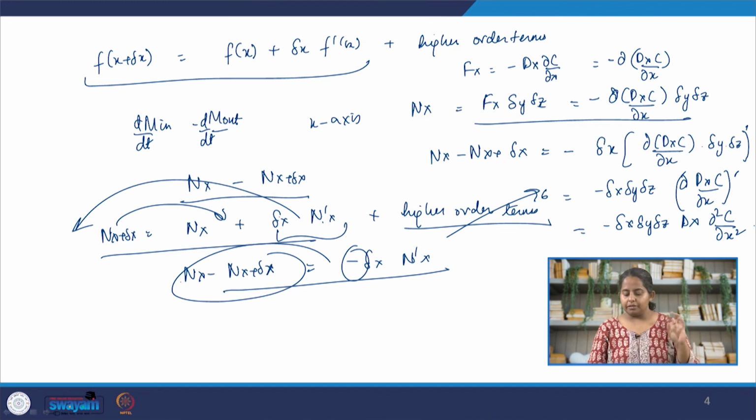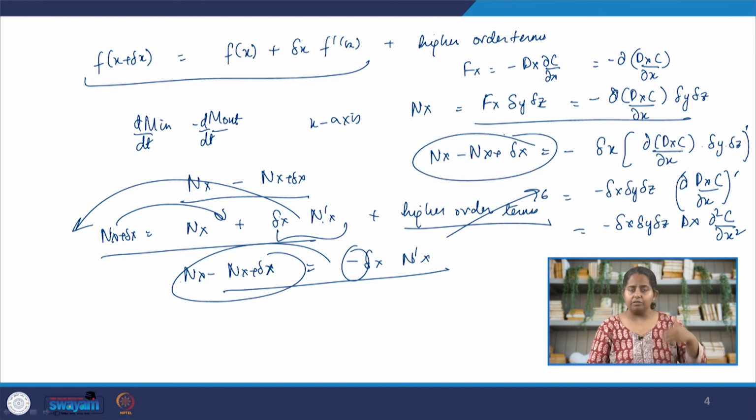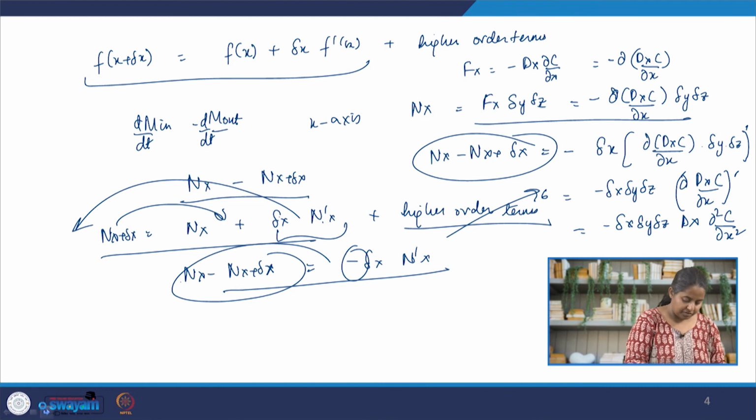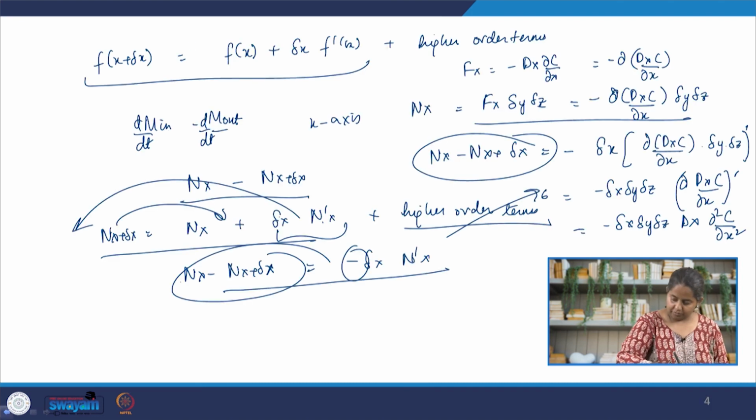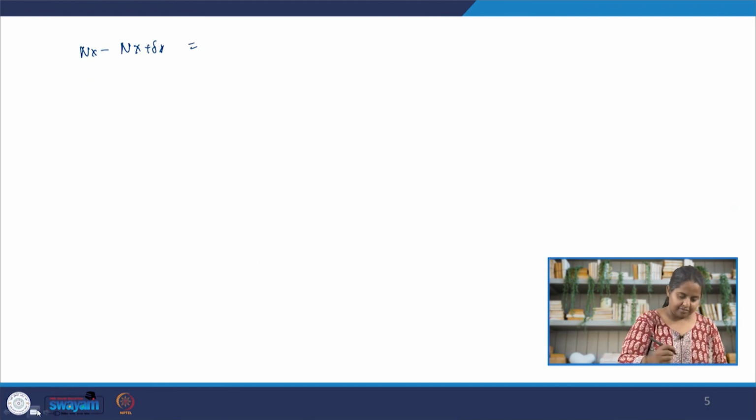Now let us write similar expressions for mass input dm by dt, which is given by nx minus nx plus del x in the x direction, for the y and z directions. To summarize, one thing that I forgot was a minus sign here, so they will get cancelled.